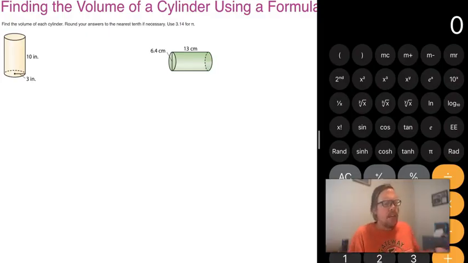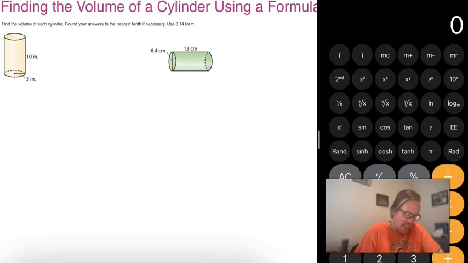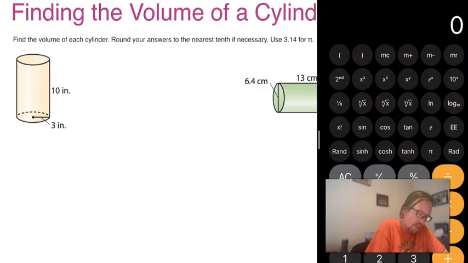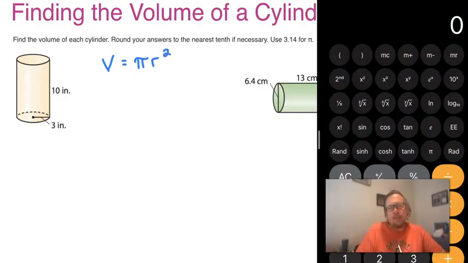So with a cylinder or cone or sphere, you're going to use a formula to get the volume. The formula we need to know for the volume of a cylinder looks like this. We start off with pi r squared. Pi r squared, you may remember from previous math courses, is the area of a circle.